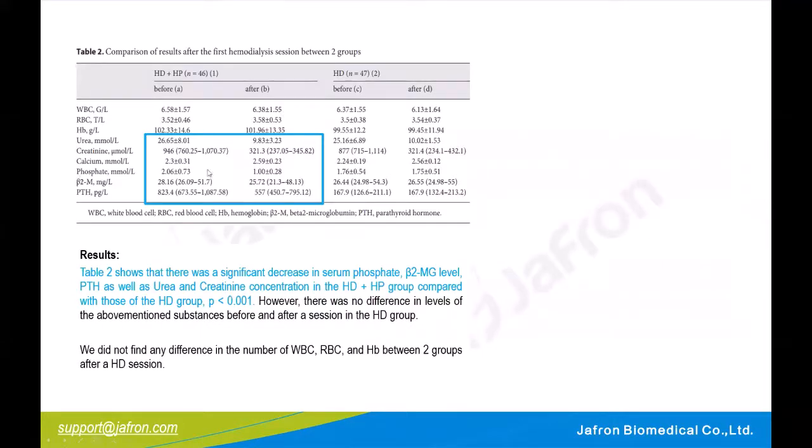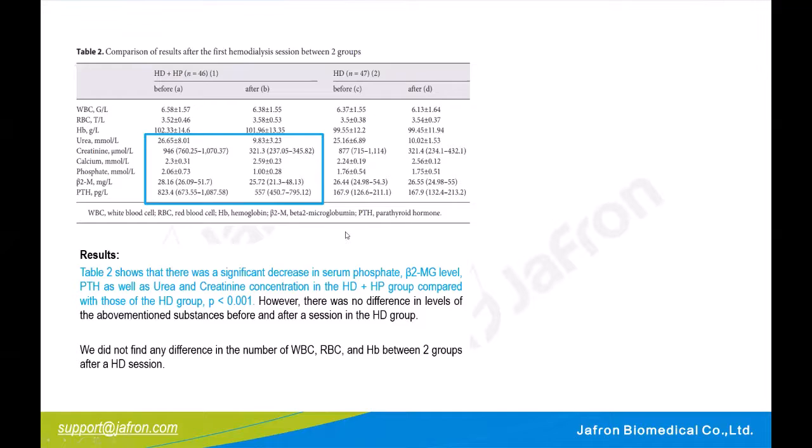From this table, we can find that there was a significant difference in serum phosphorus, beta-2-MG, and iPTH, and also the urea and creatinine in the combination group compared with the hemodialysis group. And according to the publication, the data showed a significant difference.